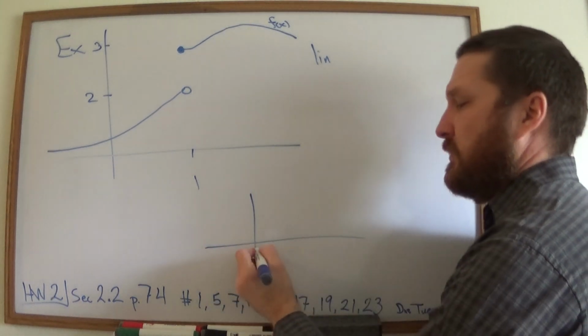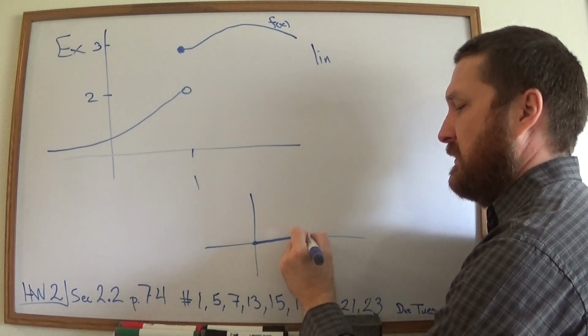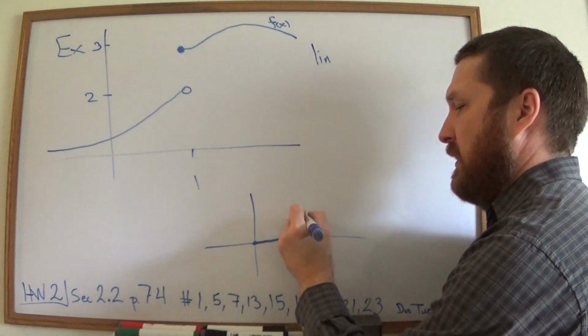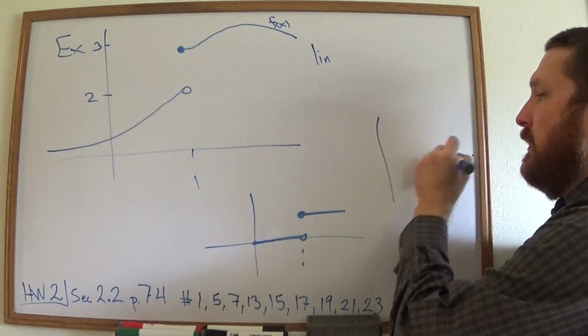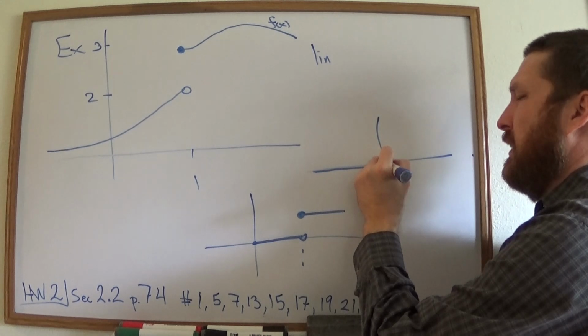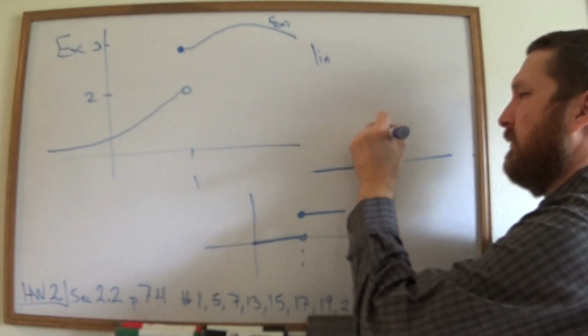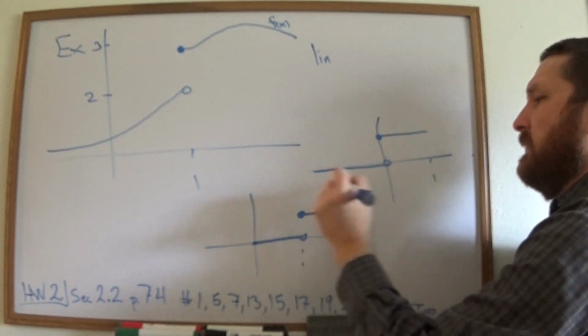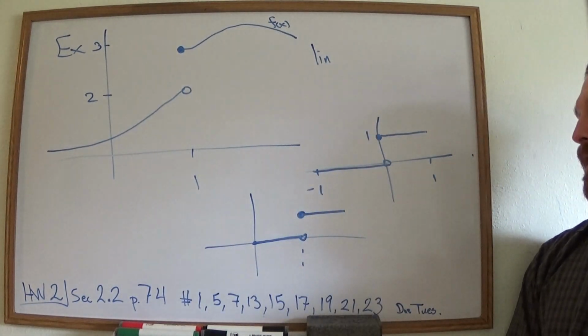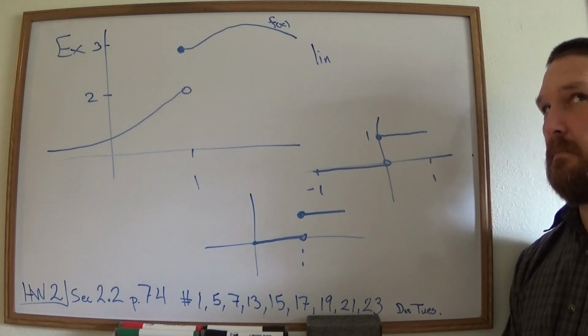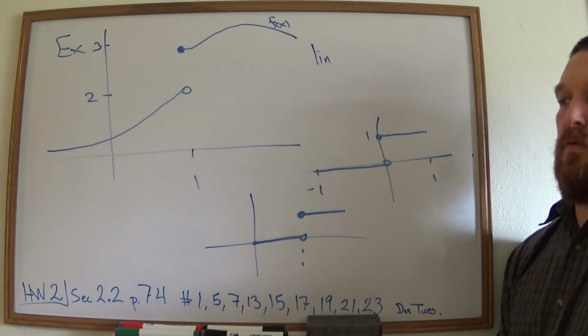It's called the Heaviside function, which is like this. This is where it's been shifted over to 1. I'm not sure if the hole is here or here. I don't remember, but it's something like this. It just jumps up to 1. This thing shows up in quantum mechanics and all kinds of crazy stuff.